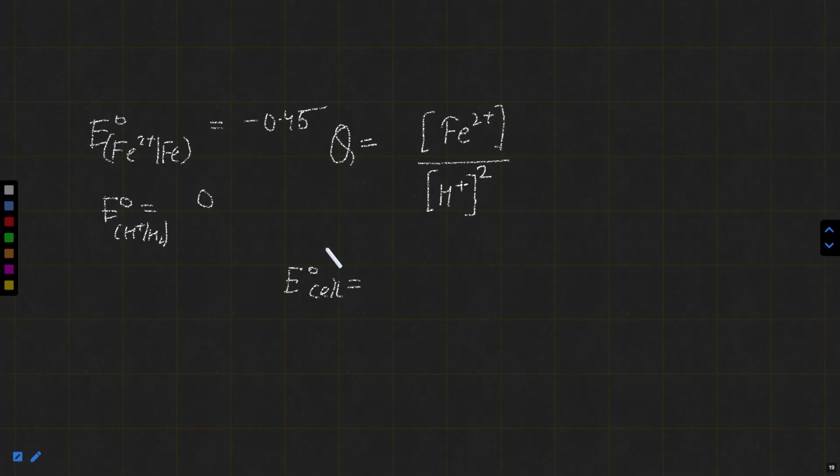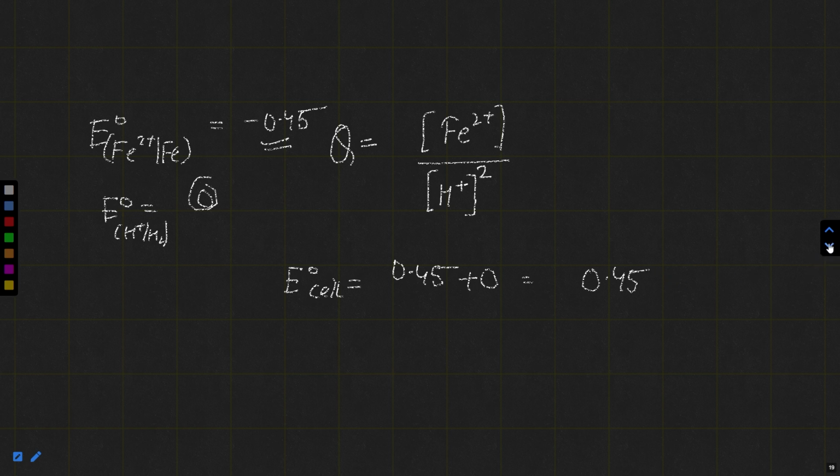No, it is getting oxidized. But we are given the reduction potential, so we have to convert it. The oxidation potential will have the opposite sign. So we write the value as 0.45, plus the one getting reduced, H plus, whose value is 0. This is the final E naught cell.